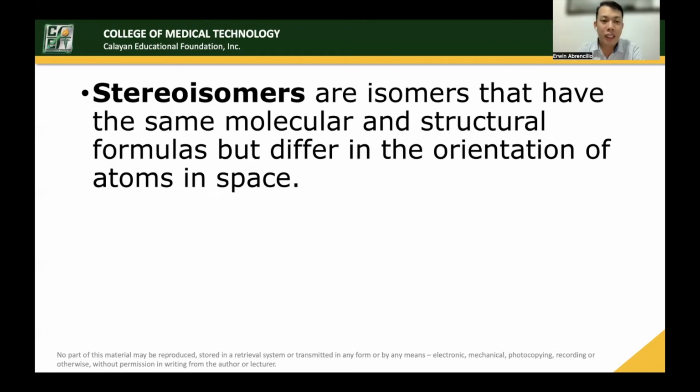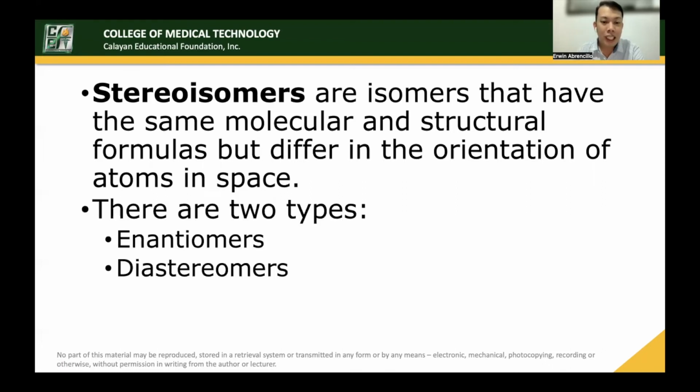In stereoisomerism, it has the same concept. There are two types, enantiomers and diastereomers. Enantiomers and diastereomers are quite different, but they are both stereoisomers.